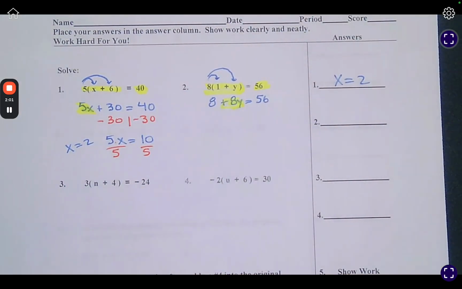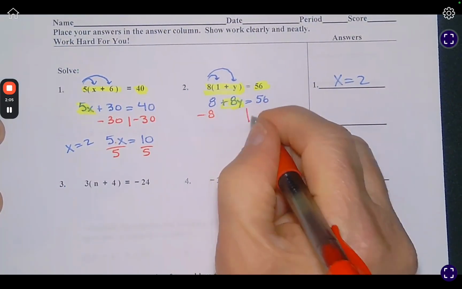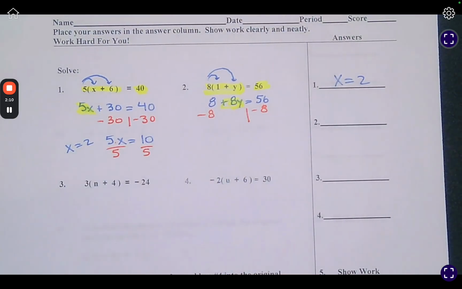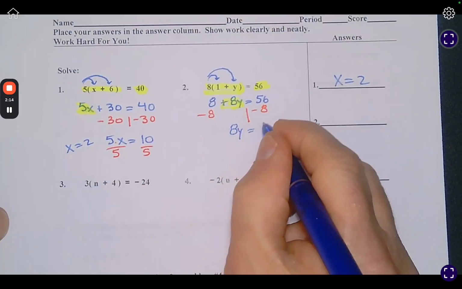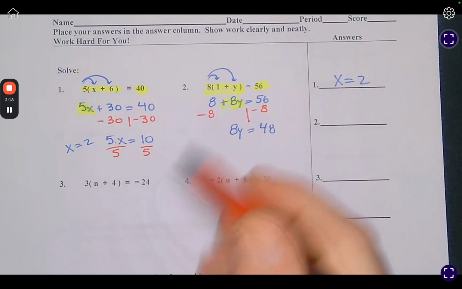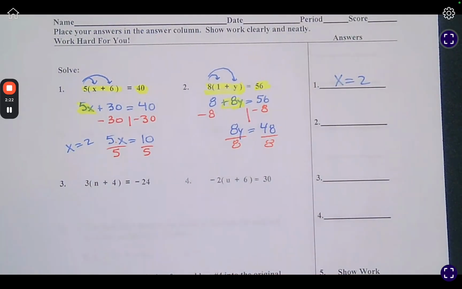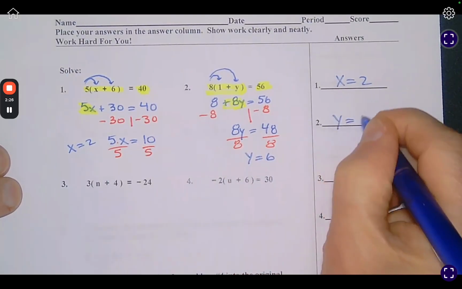That's the term with the variable. So I'm going to move this constant over, and I mean over the equal symbol. Minus 8. 8y equals, what is that, 48? Yeah, that's what I got too. Now I'm going to divide by 8, and I get a whole lot of 6. And that's my y value.